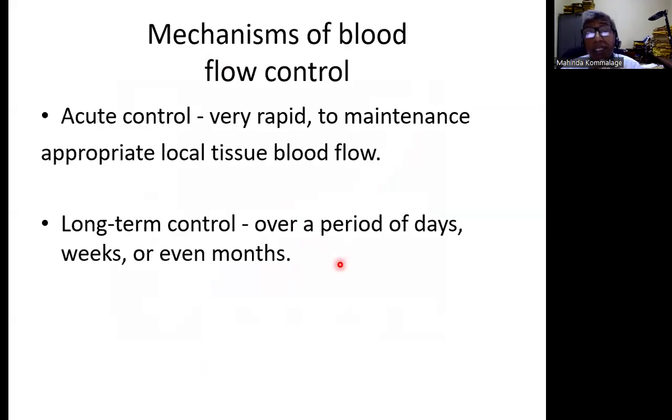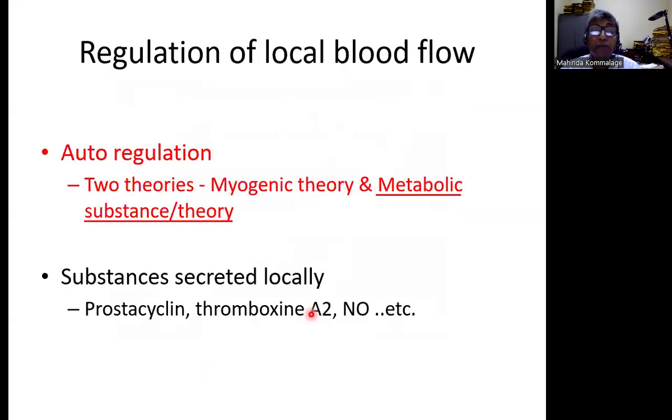We have two mechanisms for local regulation: acute control, very rapid, to maintain appropriate local tissue blood flow; and long-term control over a period of days or weeks. We have this local tissue mediated control. There are several mechanisms for local regulation. One is the metabolic theory or metabolic substances. That means the metabolites we produce in the tissue, like carbon dioxide and H+.